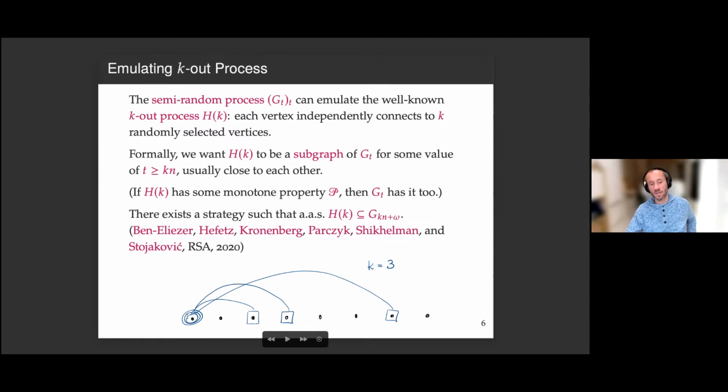So in the first k rounds, I'm putting squares on the first vertex. Then in the following k rounds, I put a circle on vertex number 2, and so on. Since the squares are showing up at random, that's exactly the Kout process.